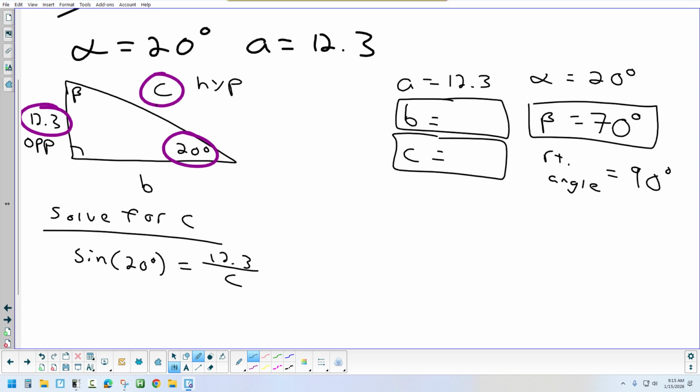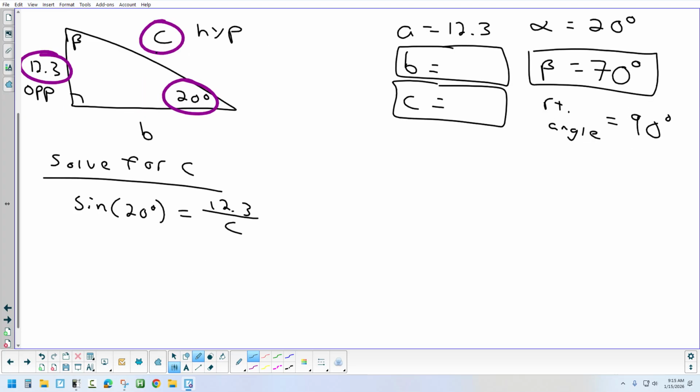Now it's a little different because this time we've got the variable in the bottom. So first thing I want to do is just try to get rid of having a fraction. How would I get rid of the C in the bottom of the fraction? Multiply by what? Both sides by C. Yep. Multiply both sides by C.